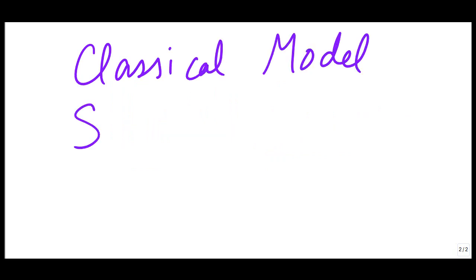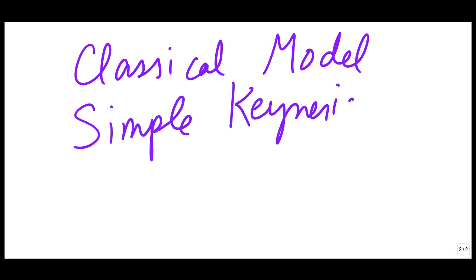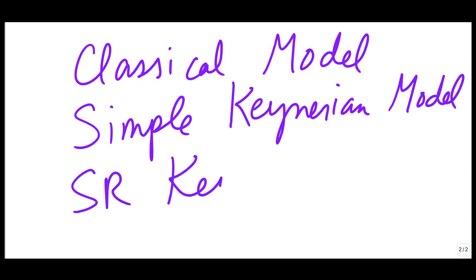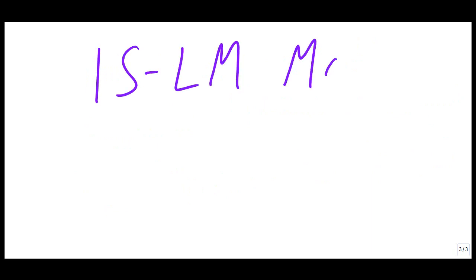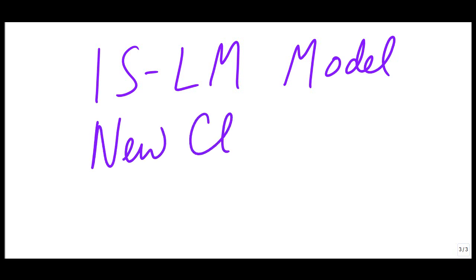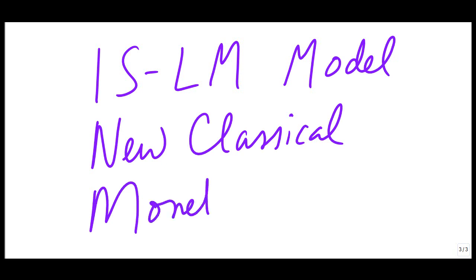There's going to be the classical model, the simple Keynesian model, a short-run Keynesian model, an ISLM model, a new classical model, and a monetarist model.